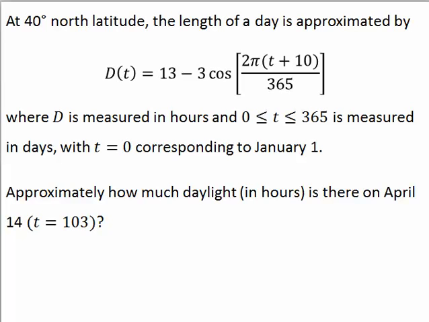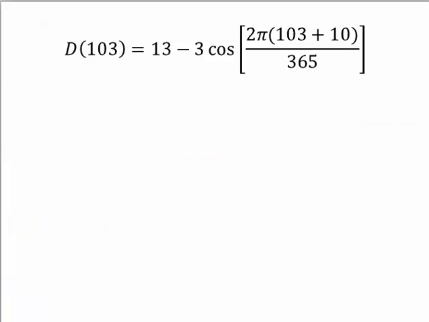Approximately how much daylight in hours is there on April 14, which corresponds to T equals 103? So our job is to find the value of our function when T equals 103. To evaluate the function for T equals 103, I first simplify what's inside the cosine brackets.